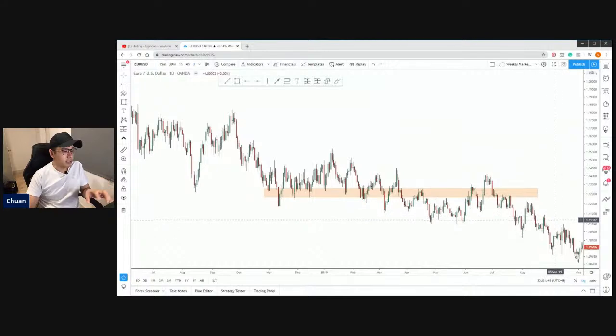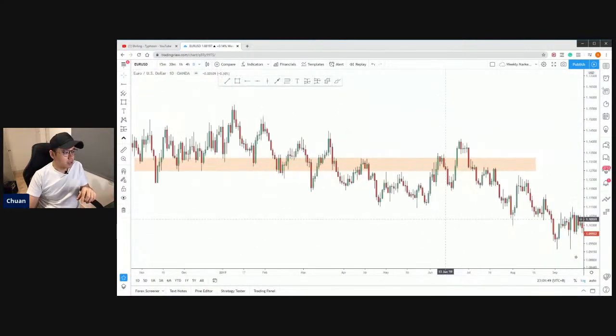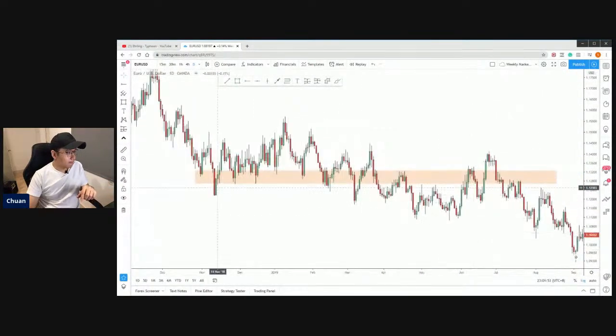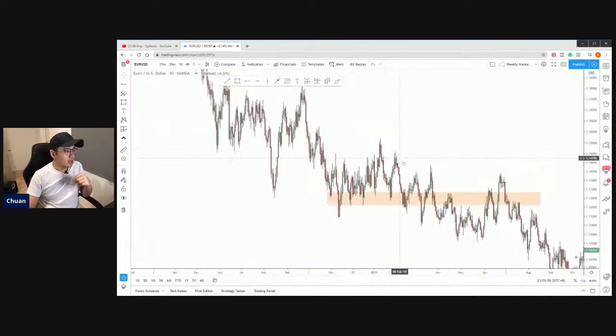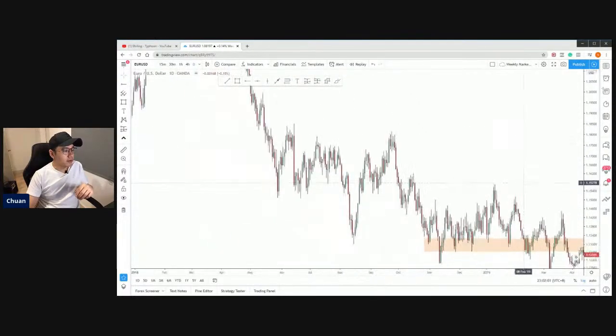For an example, this is why, because we can see that the market keeps on retesting this level before the market turns into a downtrend. Another technique is that we need to find a level where the market initiated a very huge movement. What do I mean by huge movement?